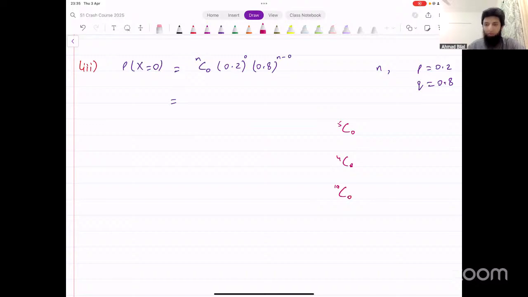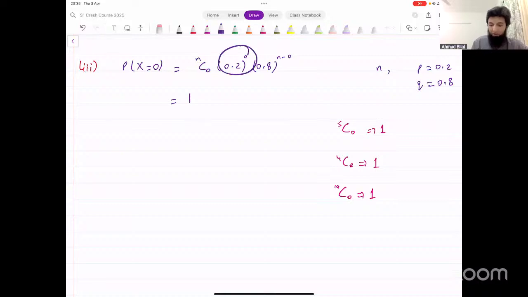If you have 0 at the bottom, the result is always 1, no matter what the number on top is. So nC0 is going to be 1.